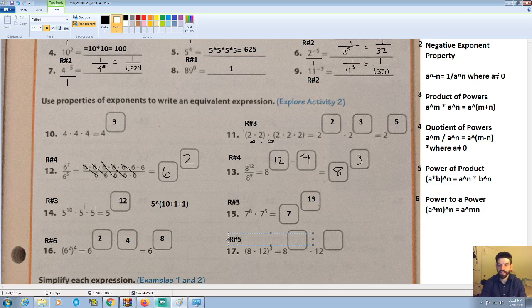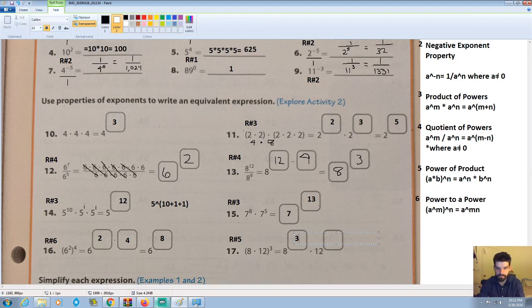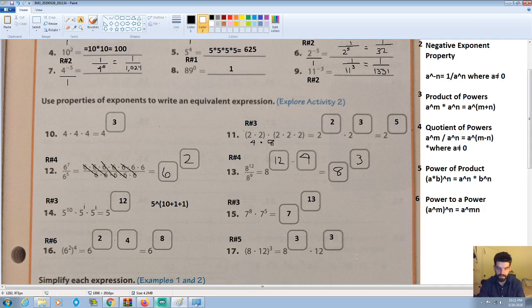This is going to be a power of a product. So we see that both terms here are going to be each individually taken to the 3rd power. So this is going to be equal to 8 cubed times 12 cubed. Okay, so what would happen either way is if we did 8 times 12, which is 96, to the 3rd power, that would equal 8 cubed times 12 cubed.